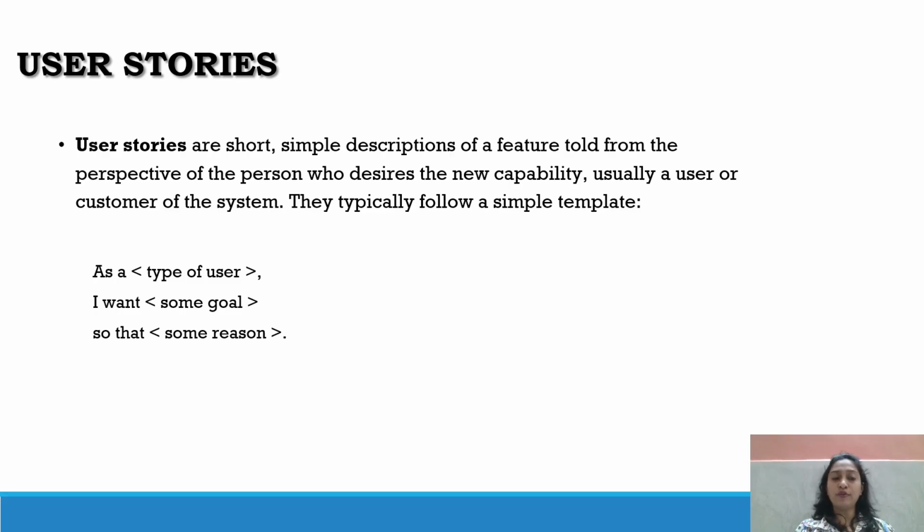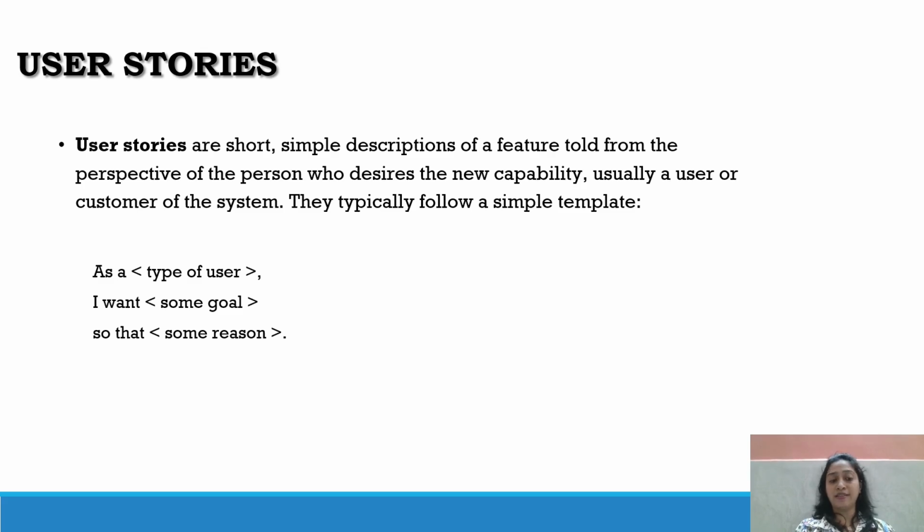This is the template they followed, and we can create user stories from that. Okay, so user stories are short, simple descriptions of the feature that is told from the user, who desires a new capability of the system.